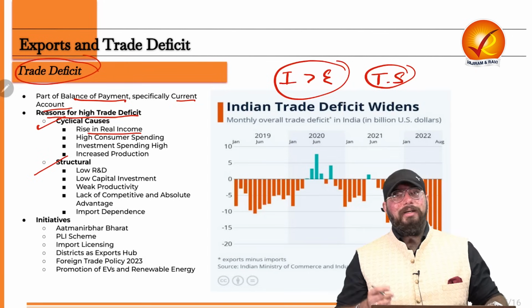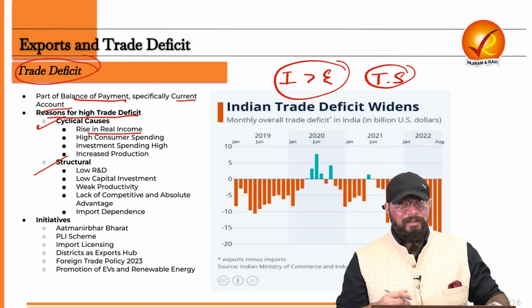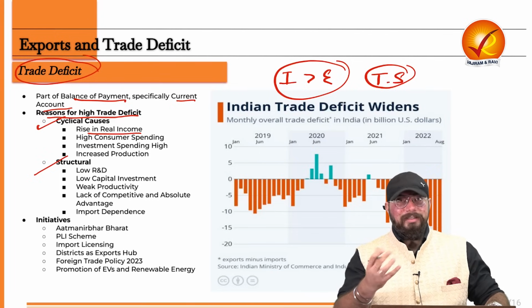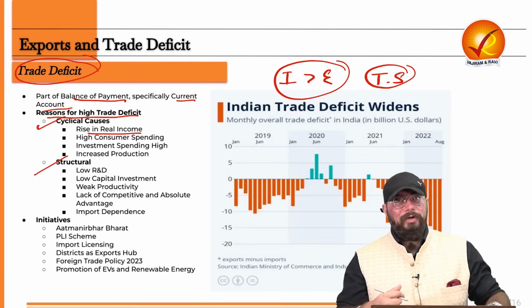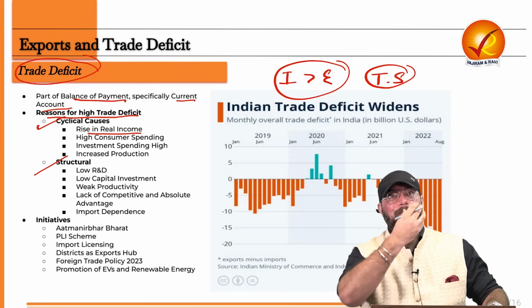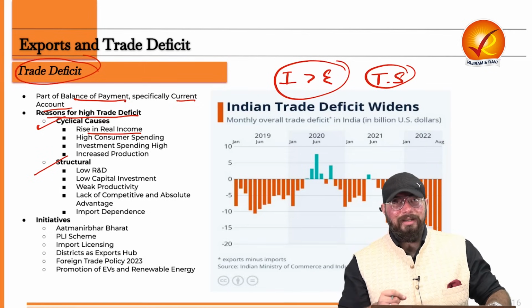Now let's say for a particular year, there is a rise in the per capita income, or there is a rise in the real income, or there is economic growth in a particular country. That means consumerism is there. Consumers are demanding more and more because per capita income of the country has increased. Now, if they are demanding more and more, they will also import more and more products from the outside world. Now, when this is happening, it is leading to a trade deficit.